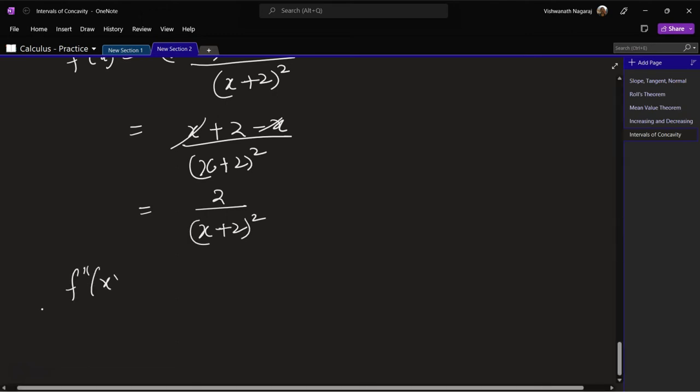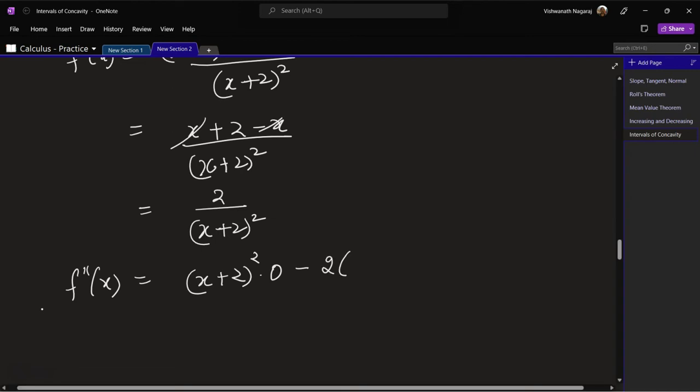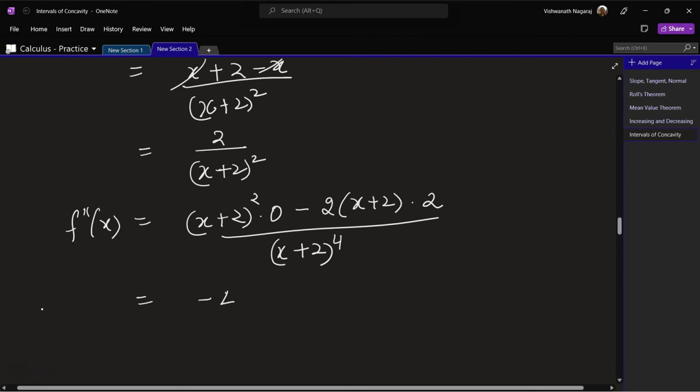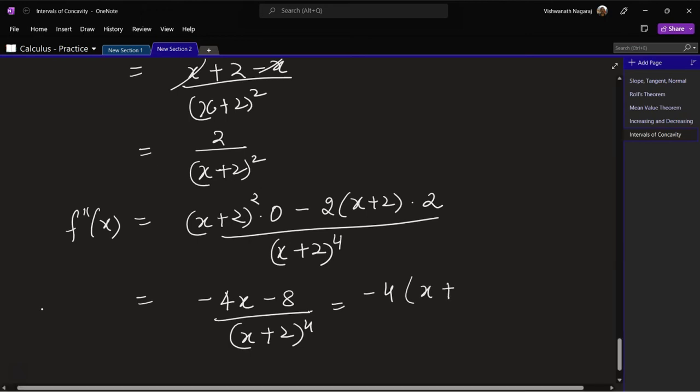Okay, f double prime of x gives us x plus 2 square times 0, the derivative of 2, minus 2 times x plus 2, times 1 and 2 as it is, divided by x plus 2 4 times, that is, minus 4x minus 8 divided by x plus 2 4 times, which gives us minus 4 times x plus 2 by x plus 2 4 times.